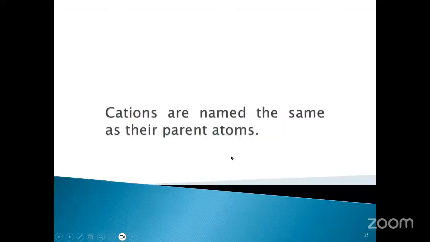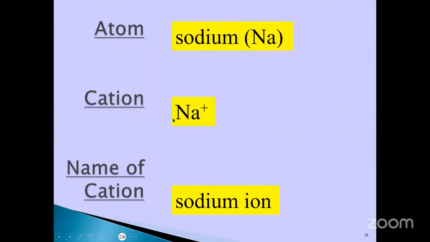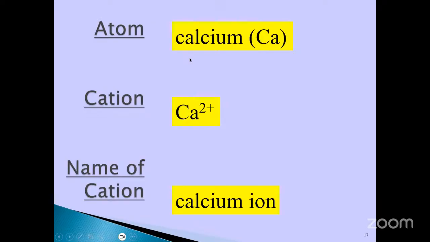Well, it's relatively simple. Basically, the cations are named the same as their parent atoms, all right? So for example, the sodium ion that is formed is simply called the sodium ion because it's formed from the sodium atom, all right? Calcium, when it loses the electrons, forms a calcium ion.